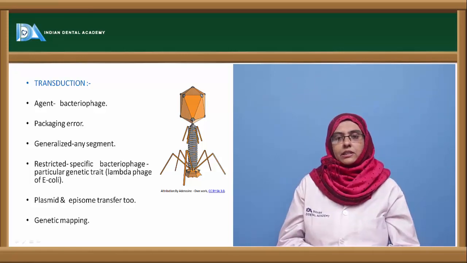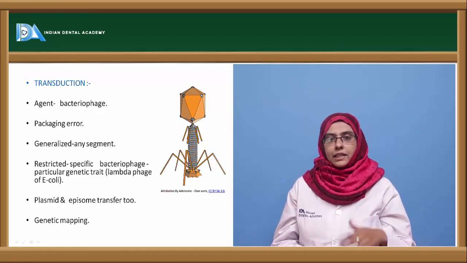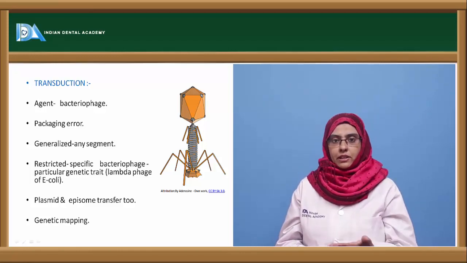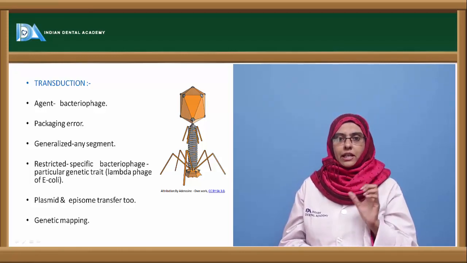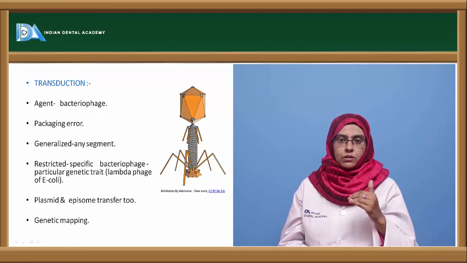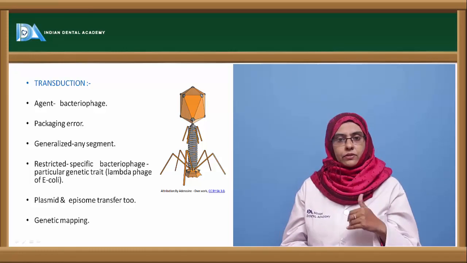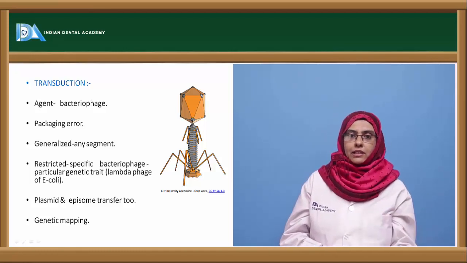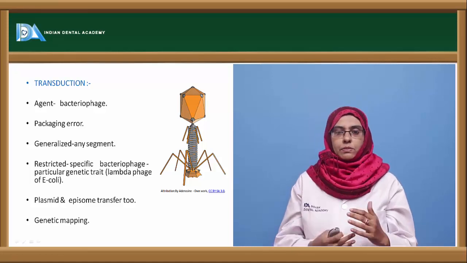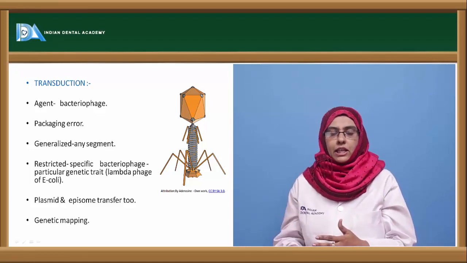Bacteriophages are viruses that infect bacteria. In the infection, first the virus attaches to the bacteria and releases its nucleic acid into the host. This nucleic acid takes over the host mechanism, degrades the bacterial chromosome, and synthesizes progeny viruses.